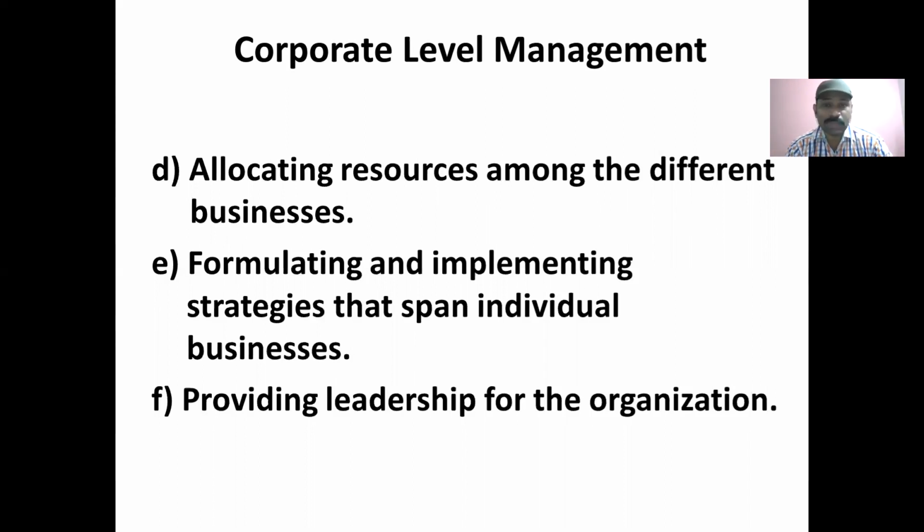You see, the corporate level managers are the leaders for an organization. The success or failure of a company depends majorly on the leadership roles that are being played by the corporate level management. So these are some of the broader roles that are played by the corporate level management in the case of a diversified business organization.